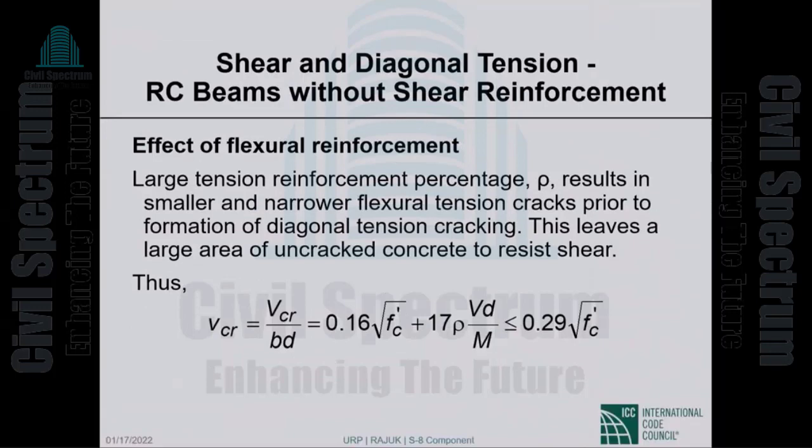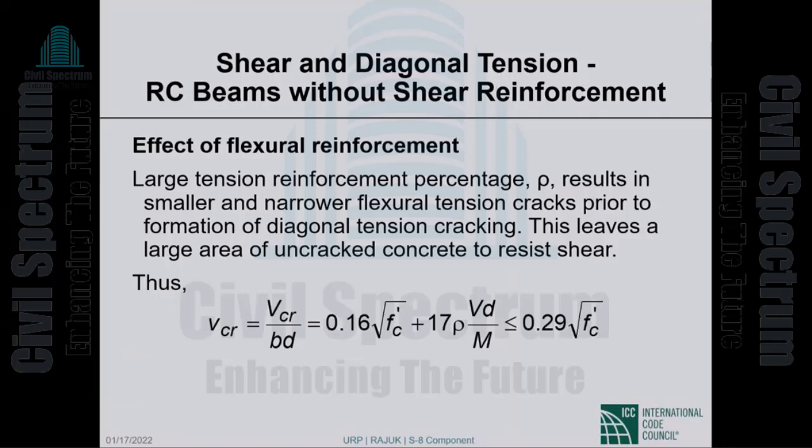Now, we remember we are talking about beams without shear reinforcement, but there is flexural reinforcement, and that flexural reinforcement plays an important role.